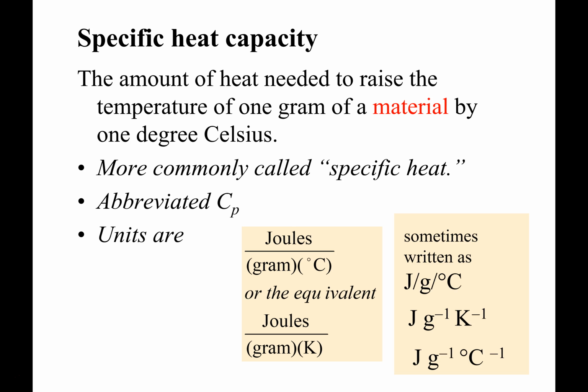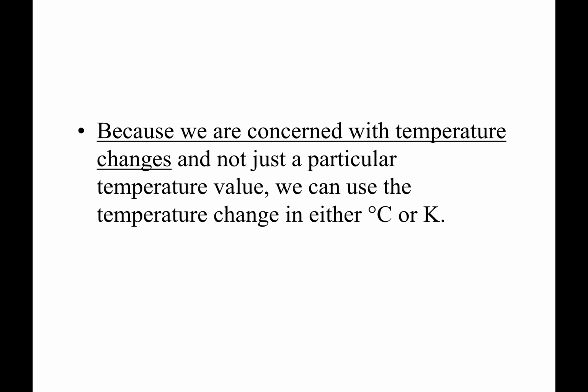So interchangeable. Then this one right here is probably my least favorite. It's the least descriptive: joules of energy per gram per degree Celsius, because I like to think of degrees Celsius as in the denominator. This one's not bad. This whole raised to the negative 1 power means it's in the denominator raised to the first power, so that all works.